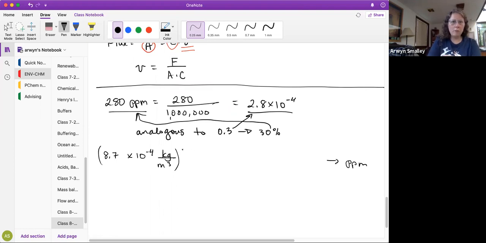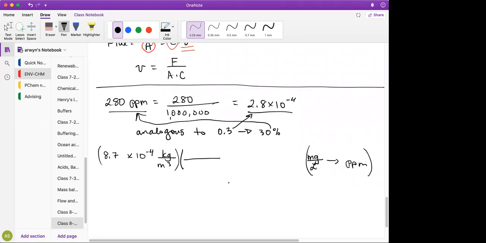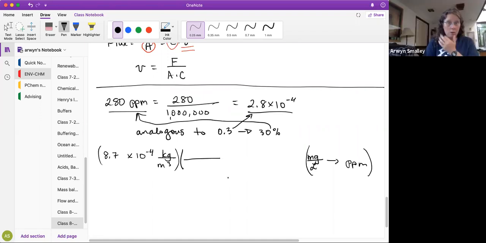So the first conversion that I did was I said, all right, I remember that milligrams per liter from a long time ago was the same as parts per million. And so I'm going to go unit-wise to milligrams per liter. So kilograms to milligrams, that's a straightforward unit conversion.